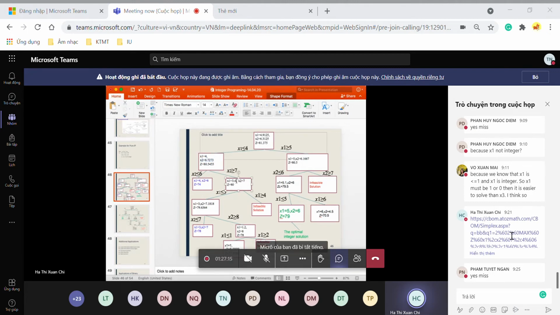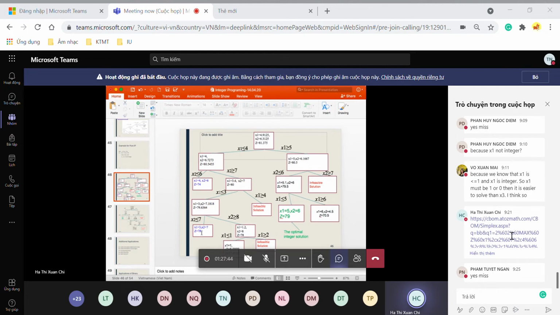So again, that is the optimal solution, right? 4 and 6, optimal solution. So we start in this, go this way. So 3, 4, 4. You should have number 3 and number 4. This has no solution. Go to this.